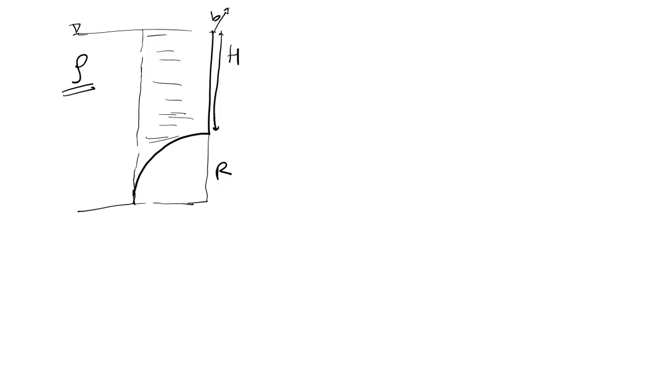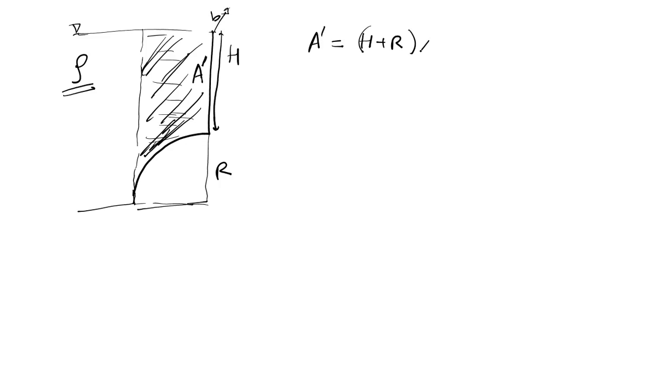First I'll try to evaluate this complete area, right? This shaded area is A dash, let's suppose. So A dash equals H plus R, this whole length, into R. This will give me the complete area of this rectangle, minus, I subtract this area, right? What is it? Pi r square upon 4. Okay, so this is A dash.